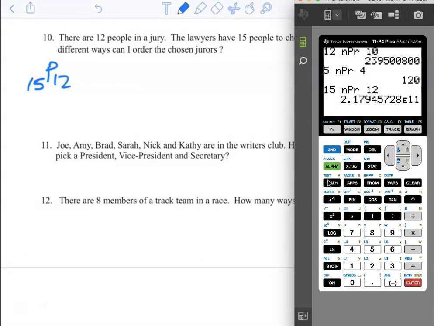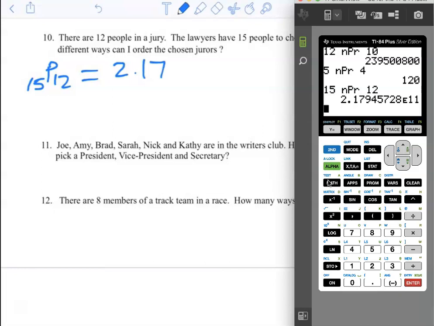Okay, so this one is written in scientific notation. Sorry, mixing up my classes here. So scientific notation is just a way of writing really, really big numbers. So here's how we'll write this one. Just write 2.17. Okay.